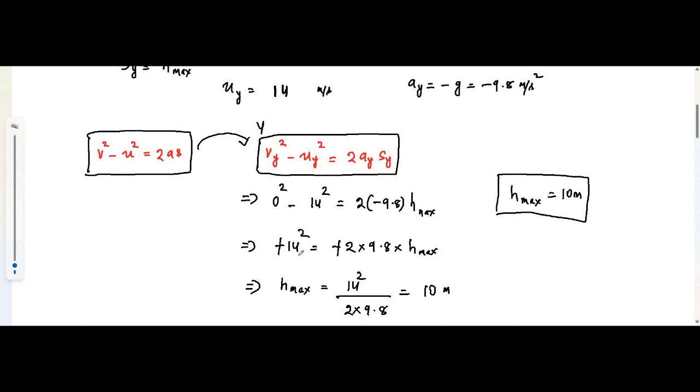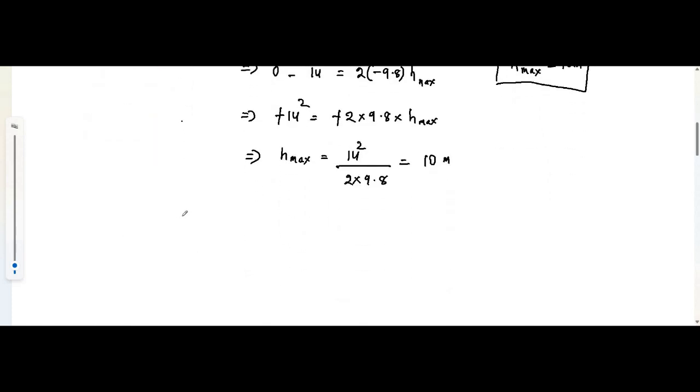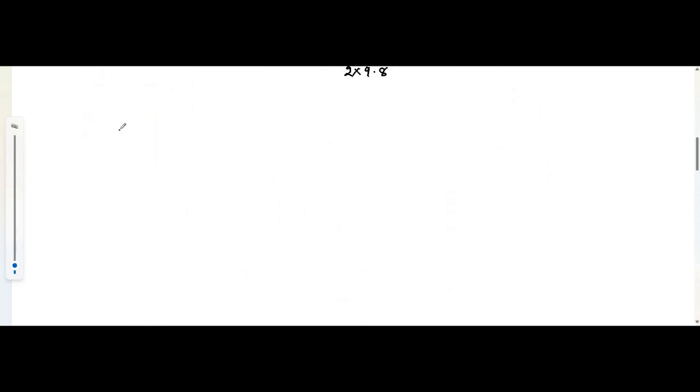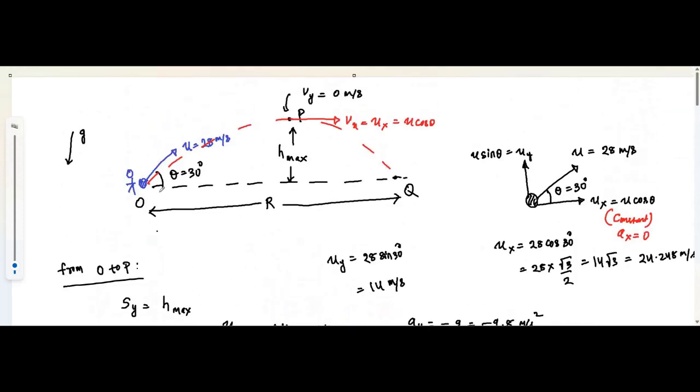Then the time of flight. The next part is calculation of time of flight. So here, for the entire journey, the net displacement along the vertical axis or y axis, what is that? Here it starts from O and it reached the same level Q. O and Q, they are on the ground at the same level.